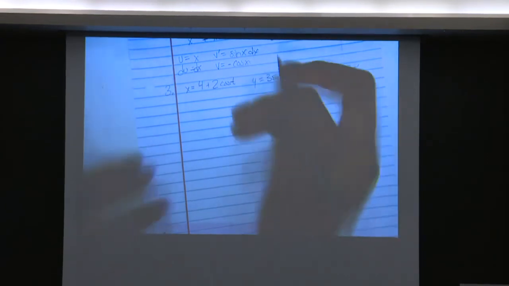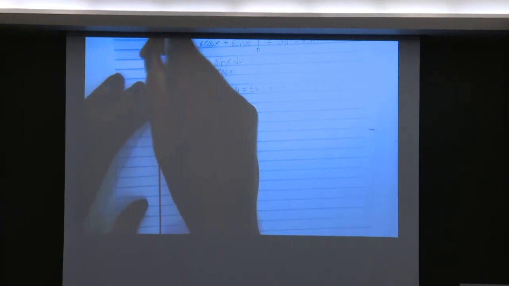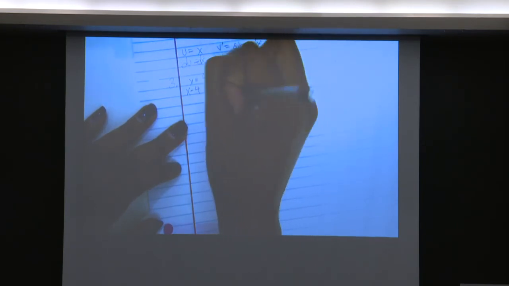So the way I do that, I can just do this, and I'll tell you why I'm doing this in a minute. Cosine t. So y plus 1 over 3 equals sine t.